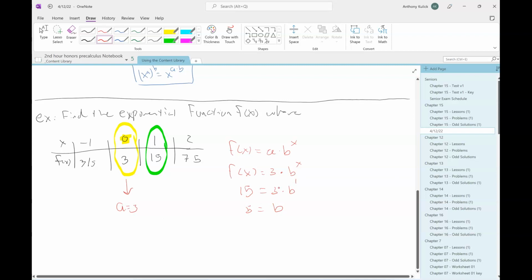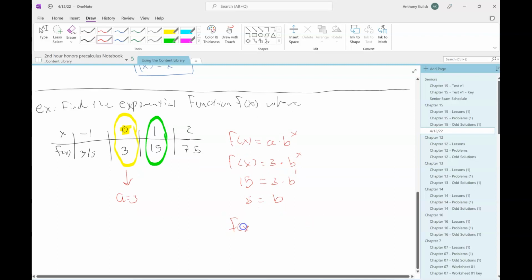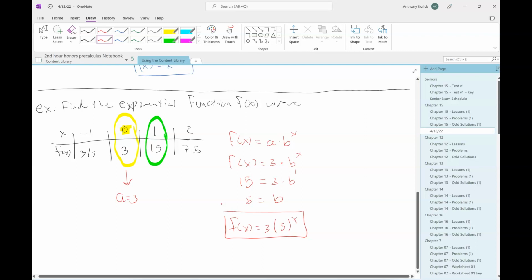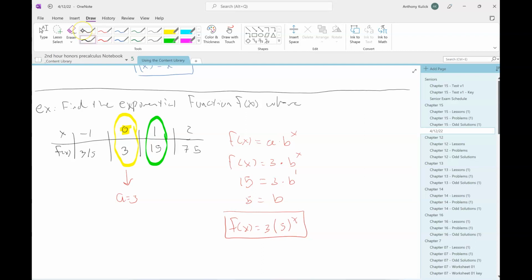So if I divide both sides by 3, I just get b is equal to 5. So I have 3 times 5 to the x. Pretty easy, right? Everybody cool? Questions on this one?